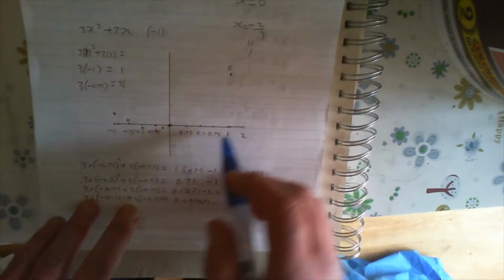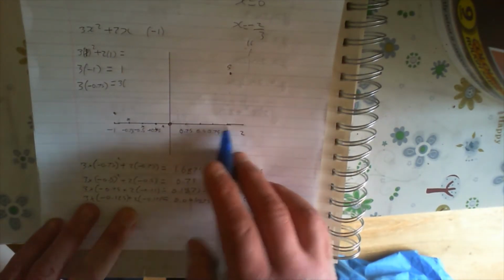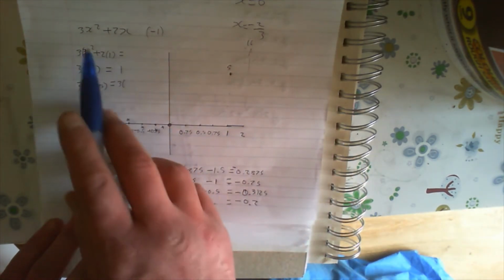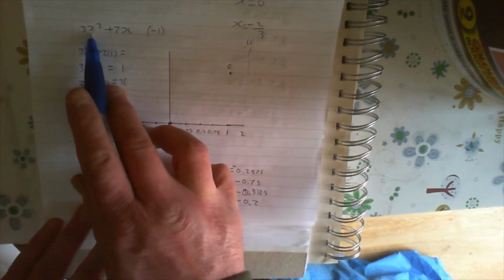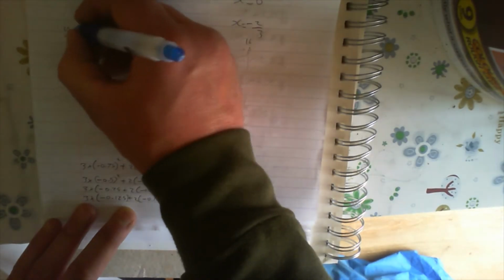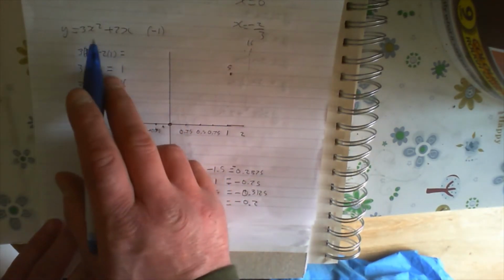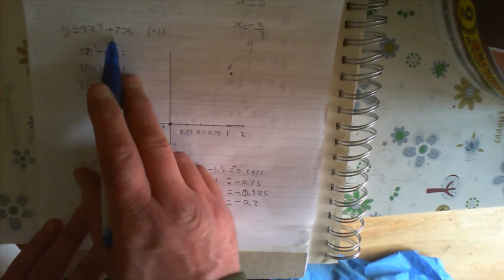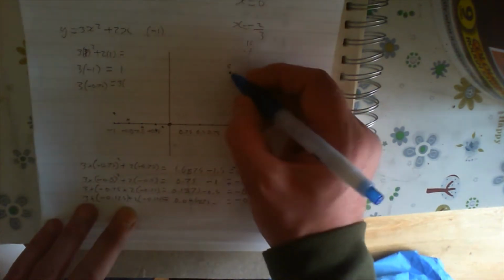What I did work out there is that if you put 1 into there, that gives you 5. So that's y equals 3x squared plus 2x. If you put 1 in there, that'll give you 3 times 1 squared, which is 3, plus 2 times 1, so y is going to be 5.